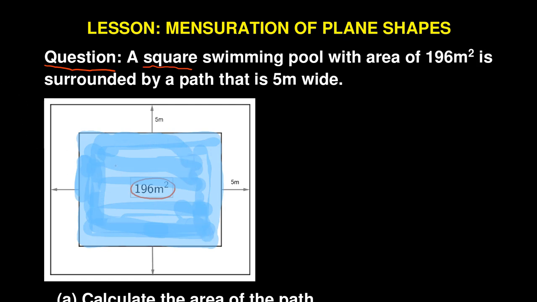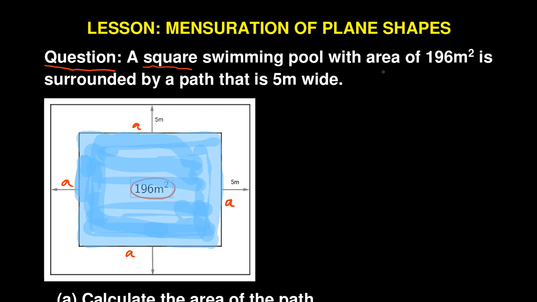They are saying it is a square. Now it means if this side is A, therefore that side will be A, and this other side will be A, and that side will be A. That's what it means. All the sides are equal.